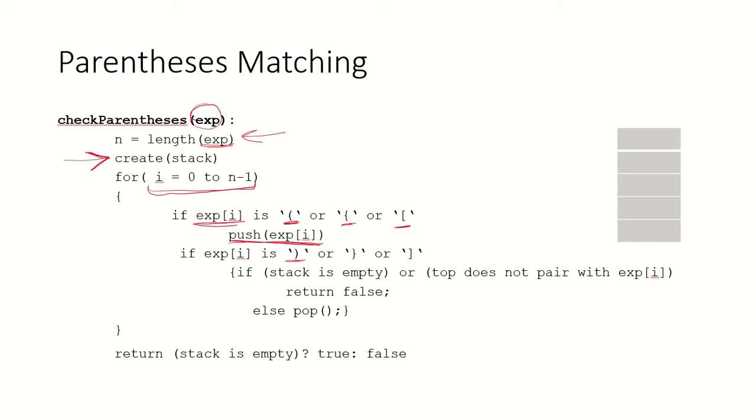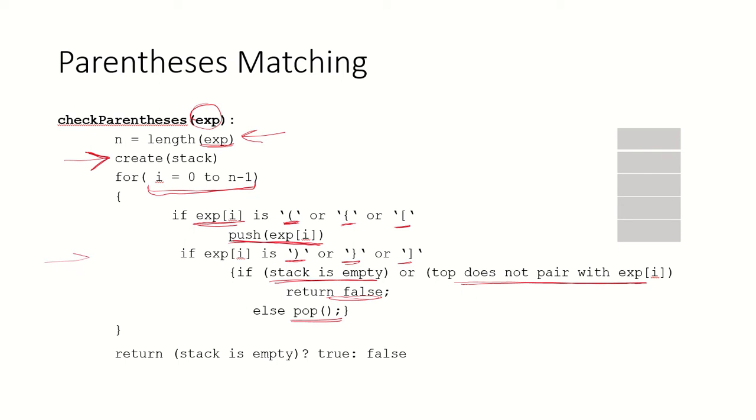If it is a closing brace, we check whether the stack is empty or the top does not pair. That means it is false, the parentheses are not balanced. Else, if we have found a counterpart, we simply pop the topmost element from the stack.